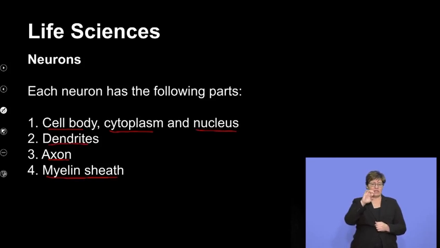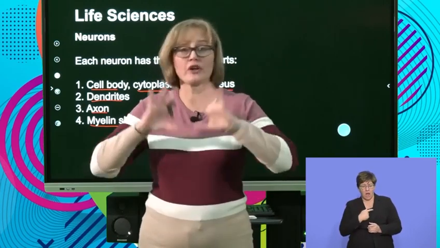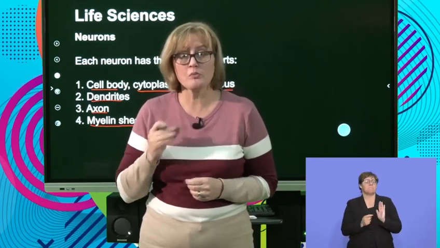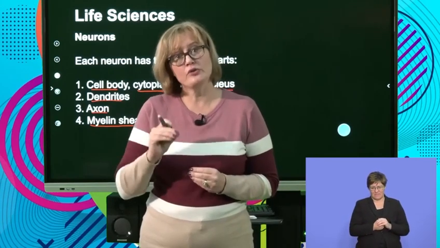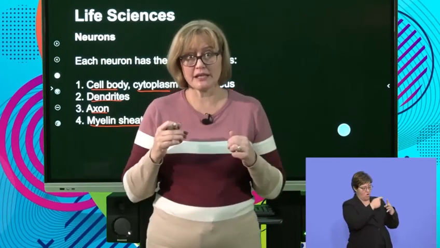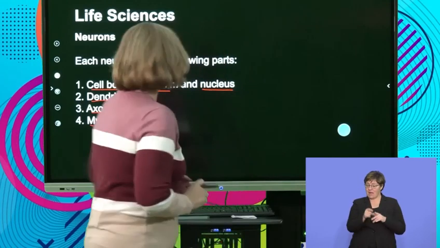These are the only ones. I know in your textbook there are Schwann cells and node of Ranvier, and they've got a lot of things there. Yes, they are scientifically correct, but we don't award marks at the end of the year if you write those labels. Keep to these that I'm telling you today. It's in the exam guidelines. That is what is required.